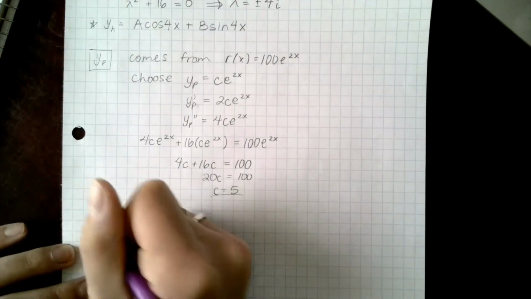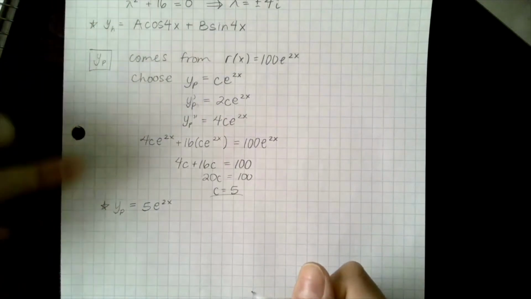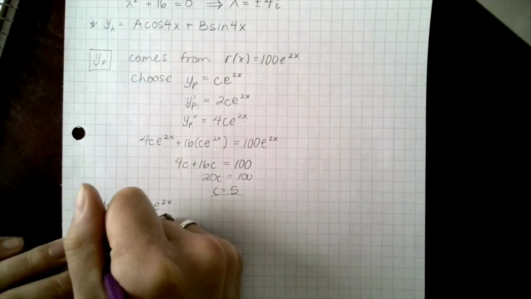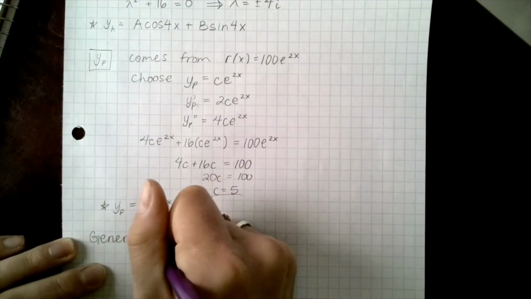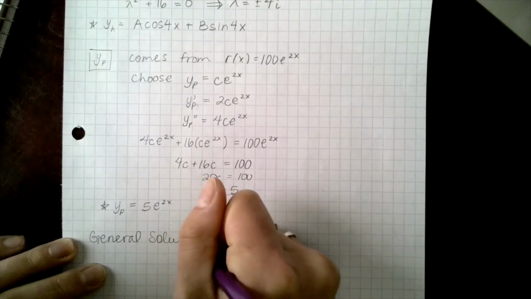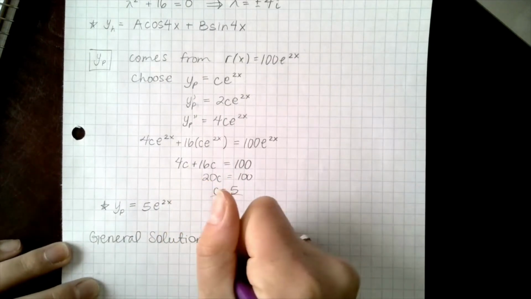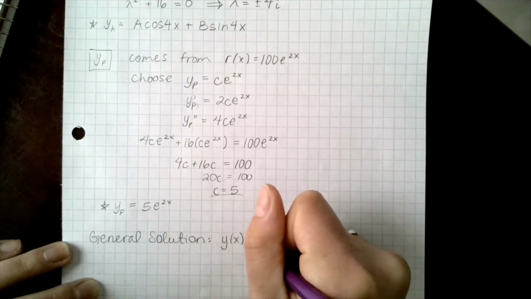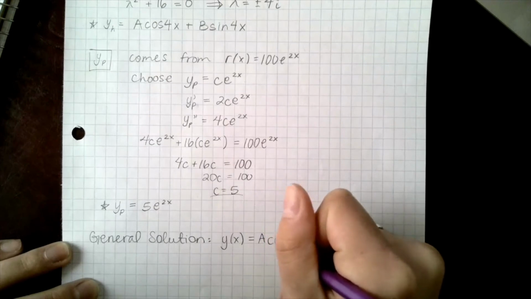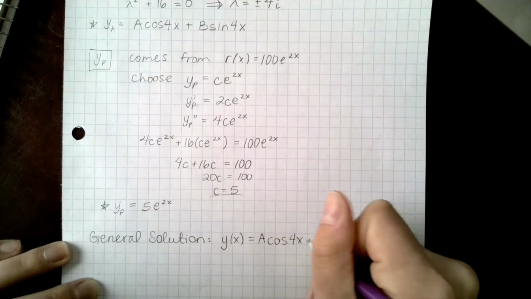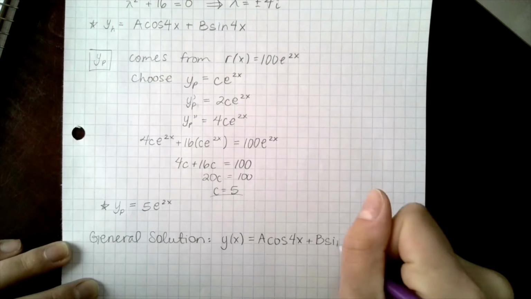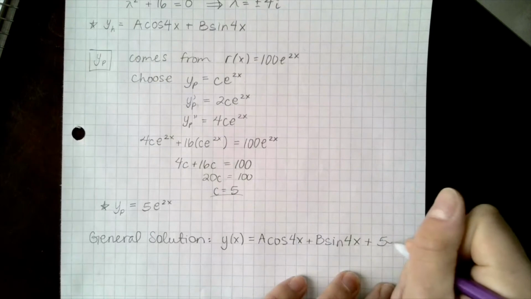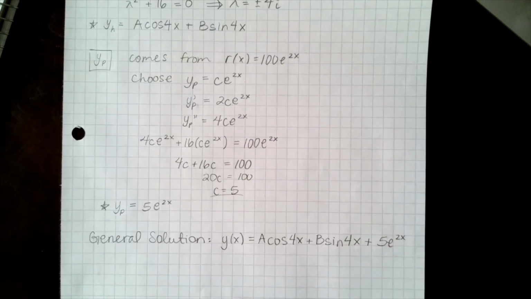And then I can combine my y sub h from above and my y sub p from right here and find that my general solution is y of x equals a cosine 4x plus b sine 4x plus 5e to the 2x.